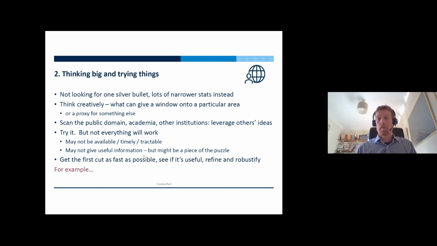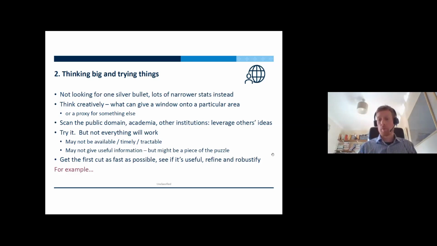How do we go about finding these things? Some of it is just thinking creatively. So what can we get hold of that might give us a window onto a particular area? It might be perfect, might be exactly what we want to see, or it might just give us an idea. So there's been plenty of research and work done on using internet searches as a proxy for the actual purchases or interest or people taking on debt, unemployment, all of these kind of things.